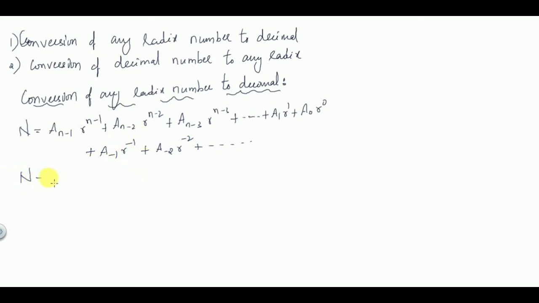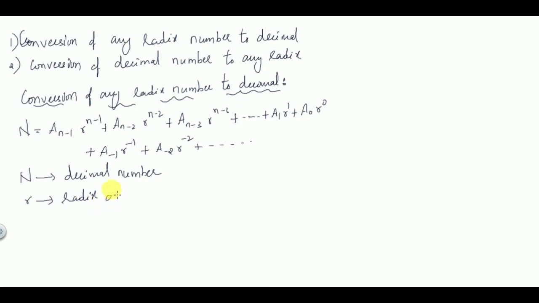So here N represents the number in decimal system, that is decimal number. Okay, r represents the radix of the given number system, the radix from which we want to convert this number to decimal.